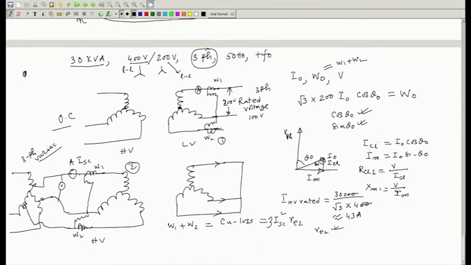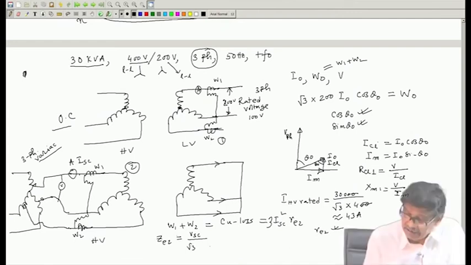Similarly, once you get RE2, you have to calculate XE2. XE2 will be from the impedance. So, what is the impedance per phase? It will be the applied voltage VSC, line to line you have measured, divided by root 3, divided by ISC.